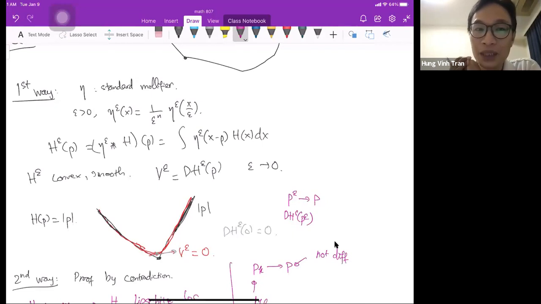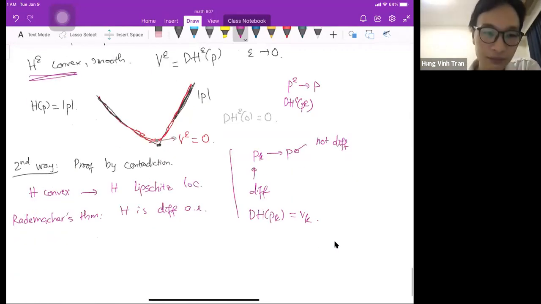For example, you have to prove that H epsilon is convex. It's a fun exercise for you.